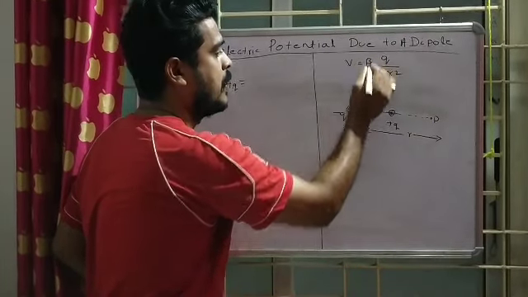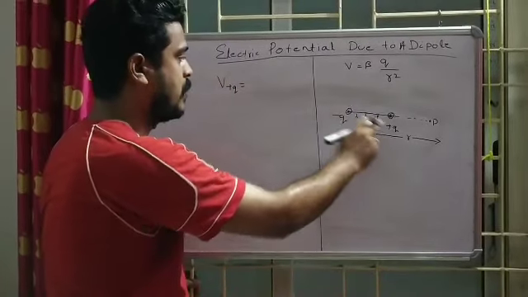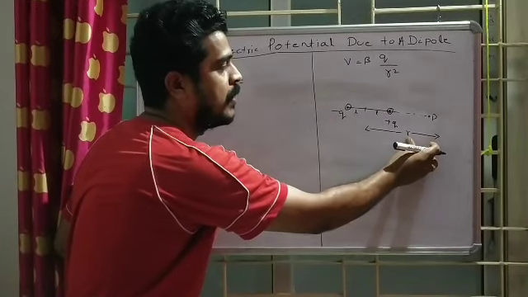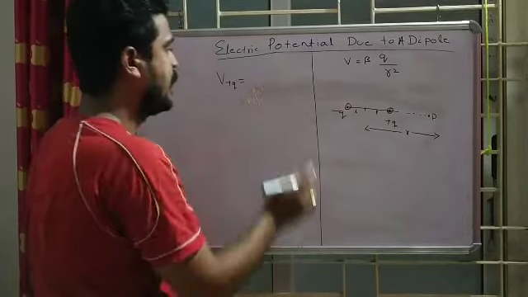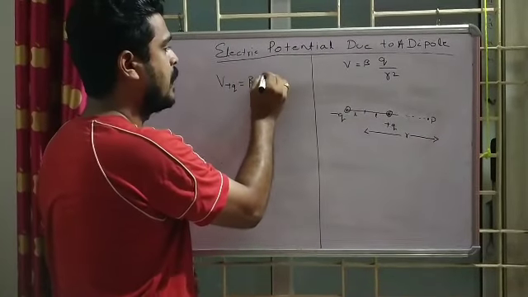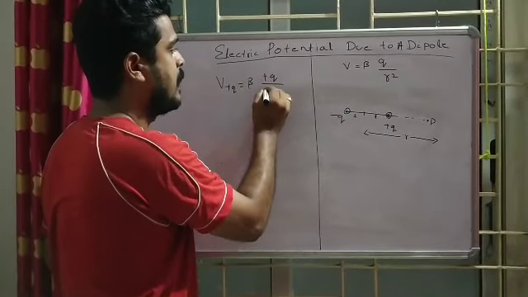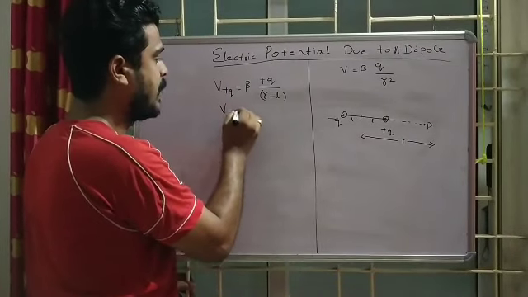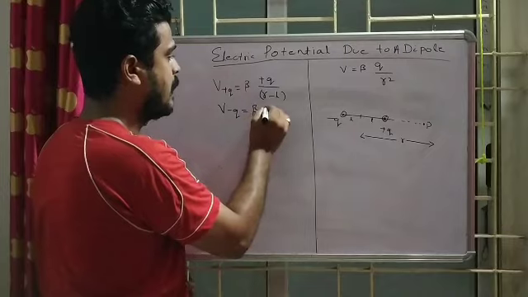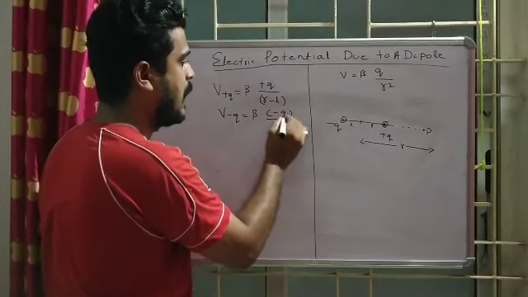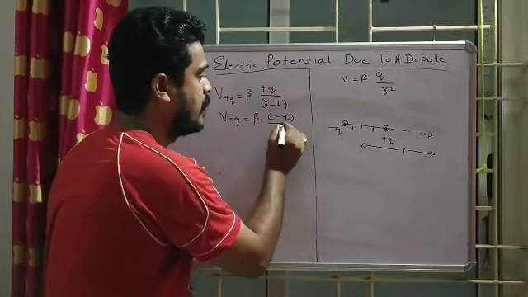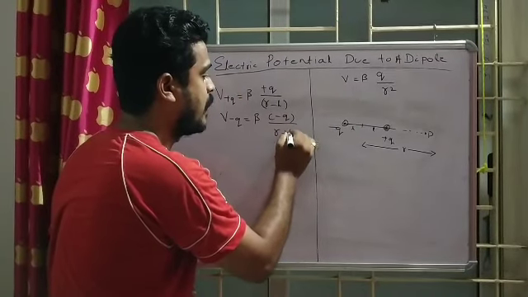The distance for plus q is r minus L, so I write beta plus q by r minus L. Similarly, potential for the negative charge will be beta minus q upon the distance r plus L.